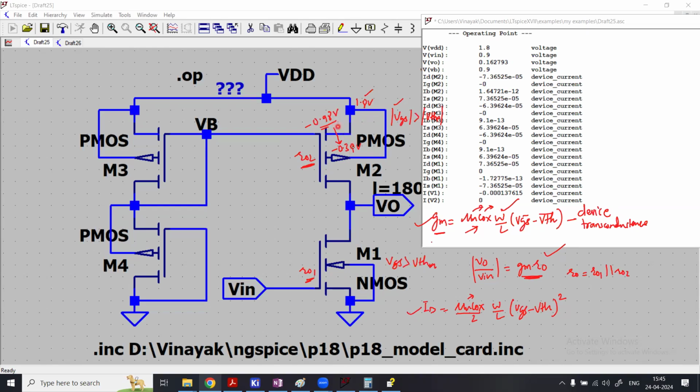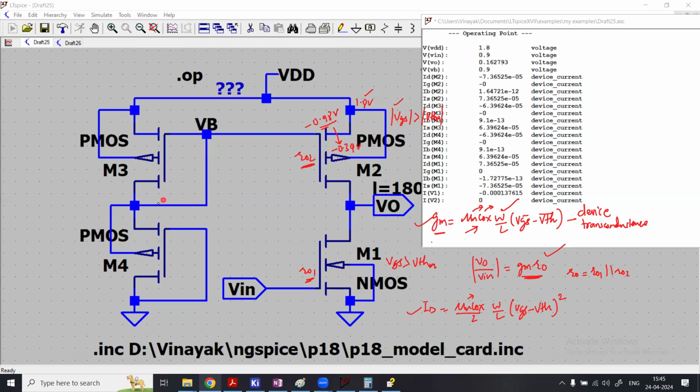So obviously there is about 550 millivolt overdrive voltage, and your VDS should be greater than that. So VO is at 0.16, and the VDD is this one. So yeah, this guy is in saturation, but there is a large voltage drop across it, and these two are always in saturation for sure, because the gate and drain are tied together.